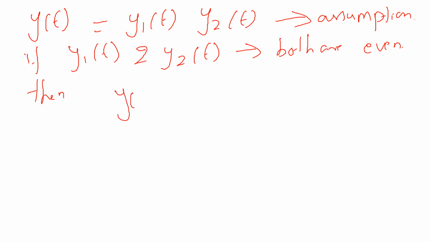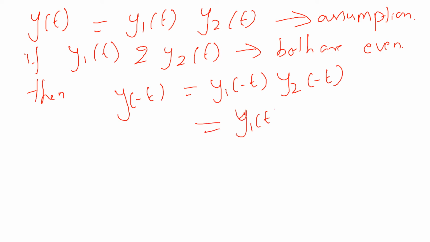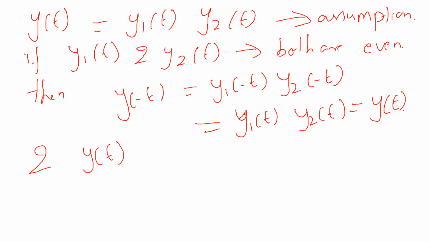Y of minus t is equal to y1 of minus t into y2 of minus t. Am I right? So according to the definition, y1 of t into y2 of t is nothing but again y of t, and y of t is even, right?